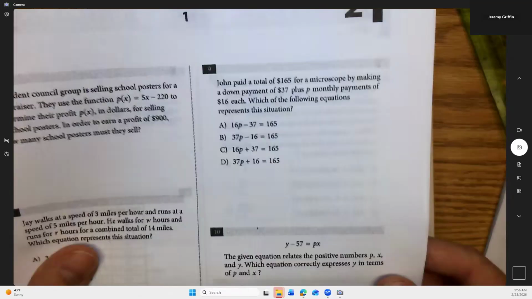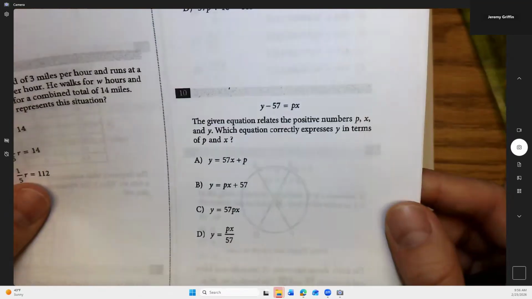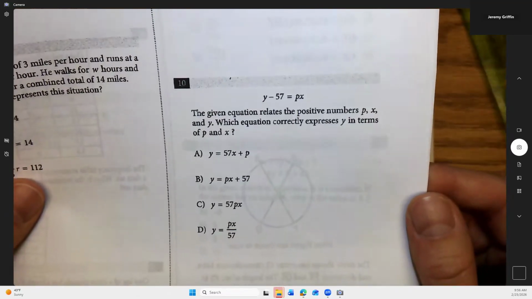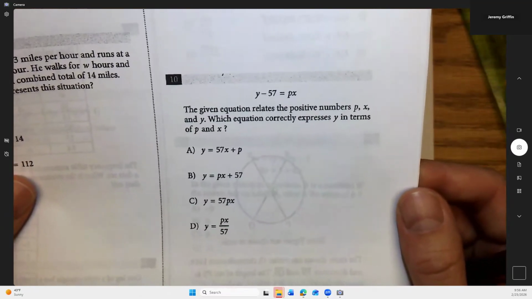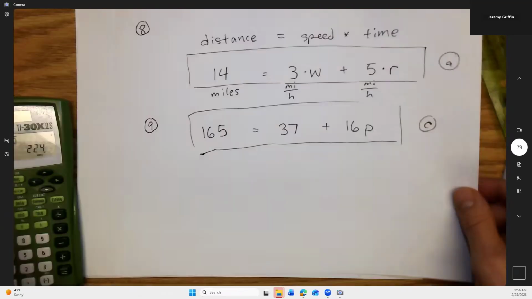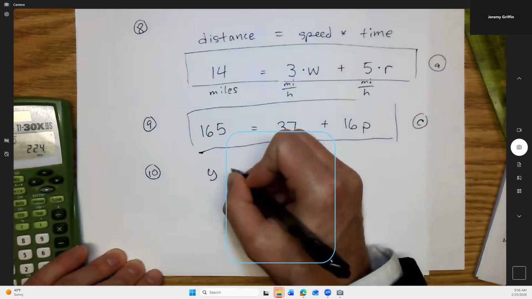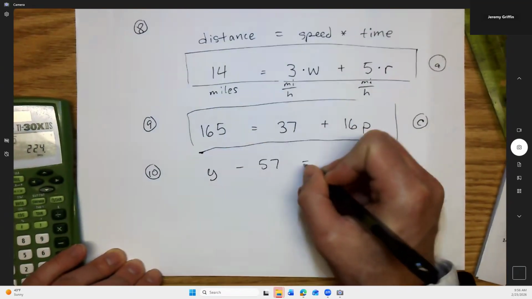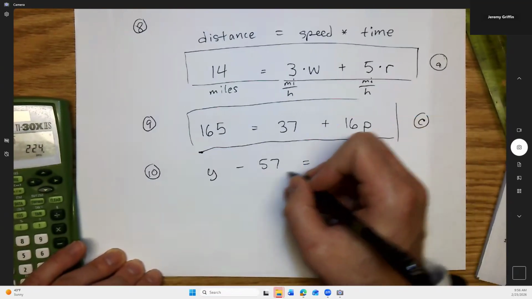Okay. Everybody's good with 9 is C? Okay, number 10. y minus 57 equals px. The given equation relates positive numbers p, x, and y. Which equation expresses y in terms of p and x? Oh, yeah, let's do that. We get this right here: y minus 57 equals px. Okay, so that was what was given. And we have to solve for y.